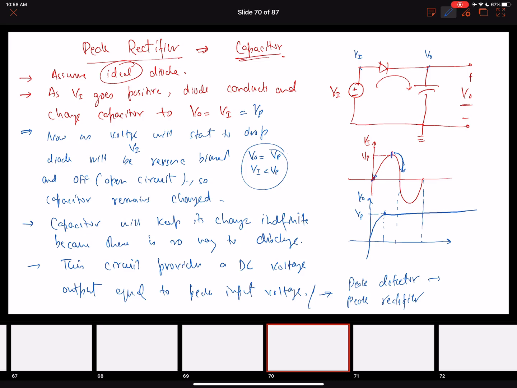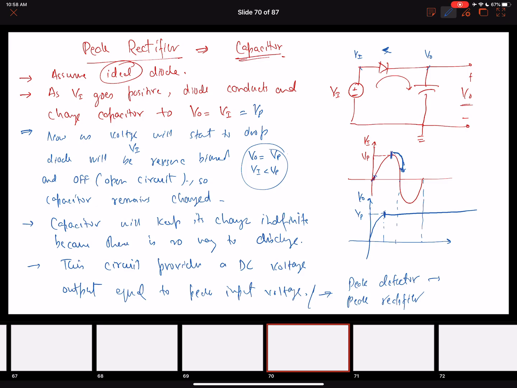So anyways, once it is charged at the peak input voltage value, and once the input voltage starts to fall from the peak, the potential drop over here, VI, will be less than V naught, and that is why it will become reverse biased.